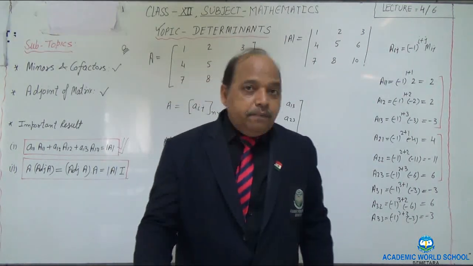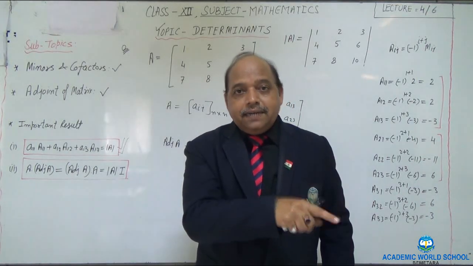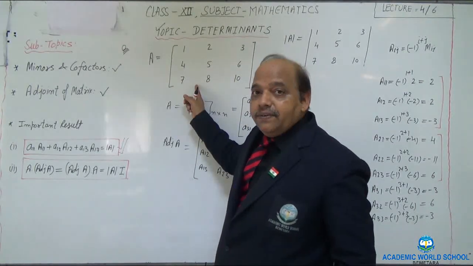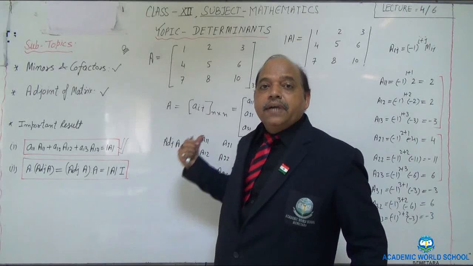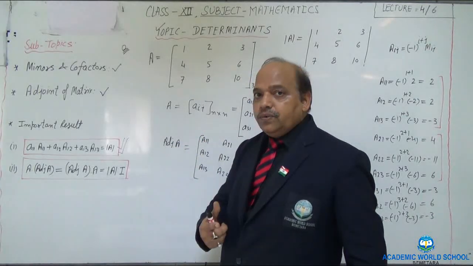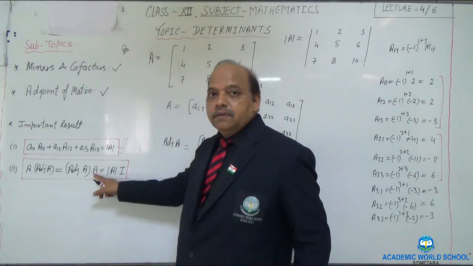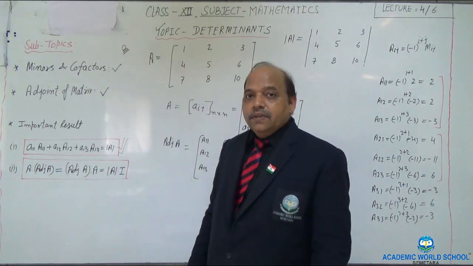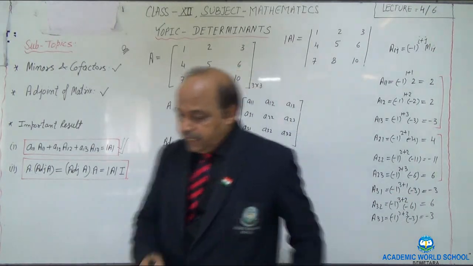You know what its cofactor matrix will be, and therefore you can take its transpose to get the adjoint. The matrix A is given, and adjoint A I have calculated in the previous question. Just multiply these two and check the result. Fine, let's move further.